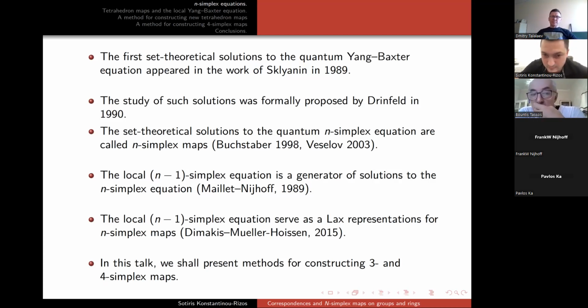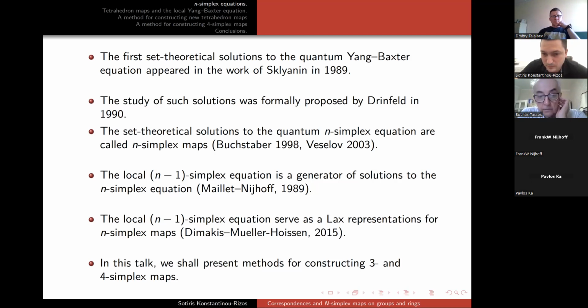However, the main result, which I think is the basic result in the theory of set theoretical solutions, the basic element in the construction and classification of solutions, is the fact that the local n-1 simplex equation generates solutions to the n-simplex equation, a statement that appeared first in 1989 in a paper of Maillet and Nijhoff. These can also be considered Lax representations: the n-1 simplex equation can be considered as a Lax representation for n-simplex maps.